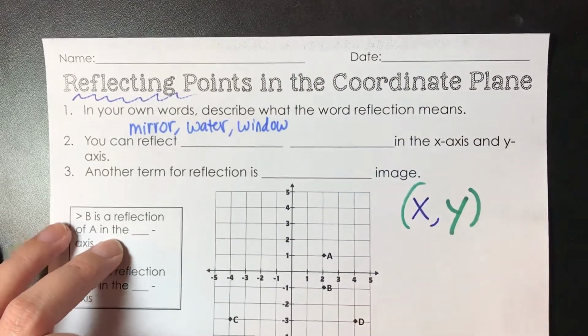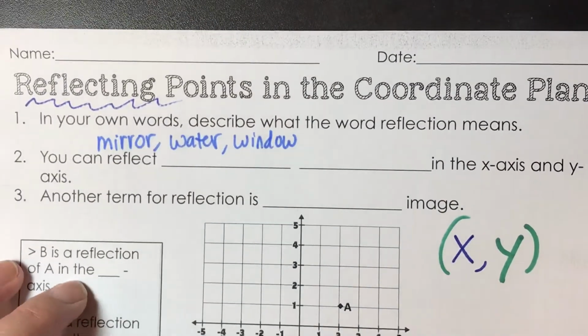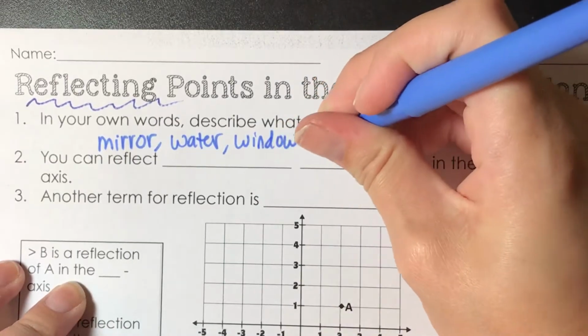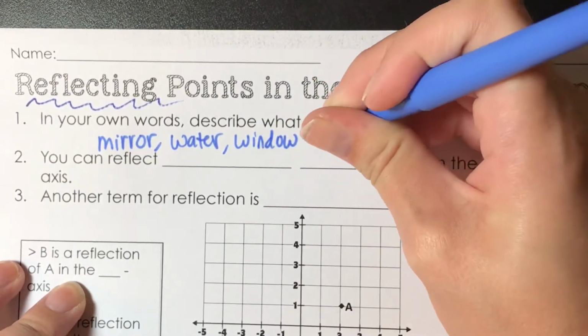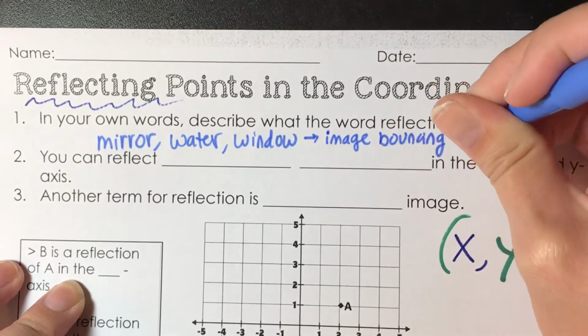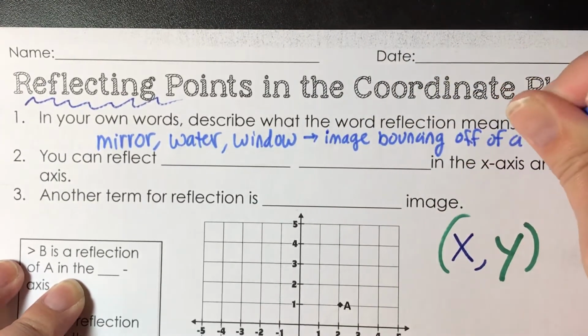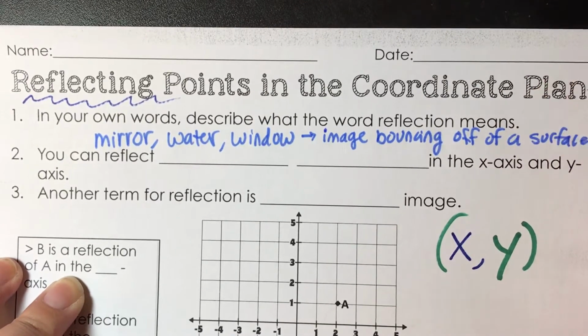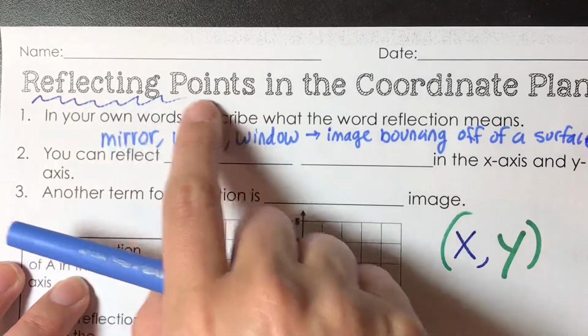When we see a reflection, basically it's an image bouncing off of a surface. That is the reason in math we call these reflecting points.